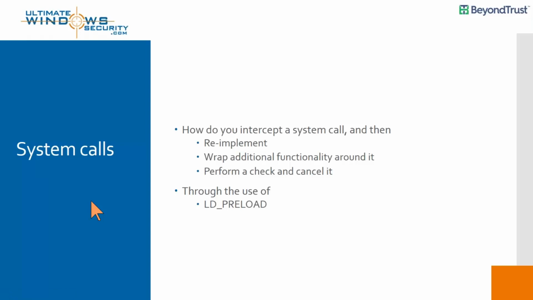So the uses are more than just enhancing security. You can do fun stuff. You could potentially do bad stuff as well. But we're focusing more today on using LD_PRELOADs to improve the security of the host or enhance those security controls that you put in place, such as sudo, or even in our case, our least privilege tool.